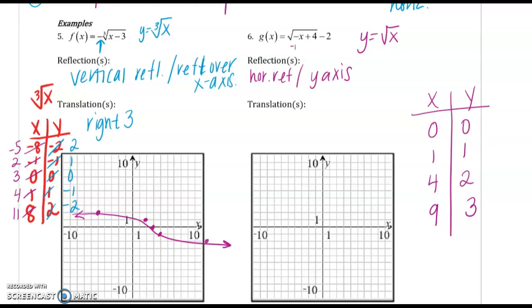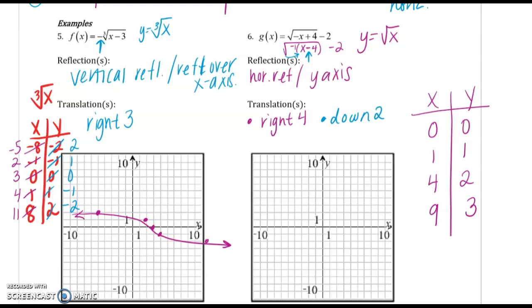We need to take a negative 1 out of this, right? So it's actually going to the right 4, which is very confusing, right? So you always have to divide out that negative 1 to see what's actually happening with that x. And then it's also going down 2. Right? Remember, it's always the opposite of what we think, but we still had to take that negative out there first. So now it's a negative 4, which means right.